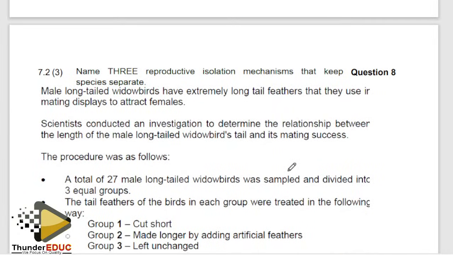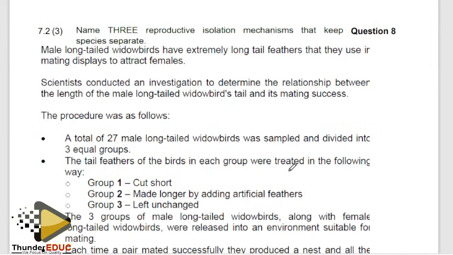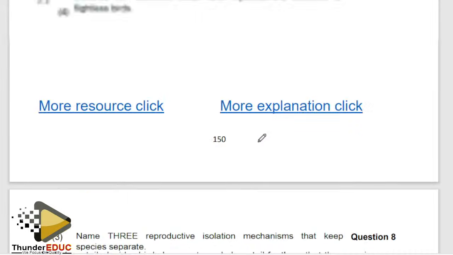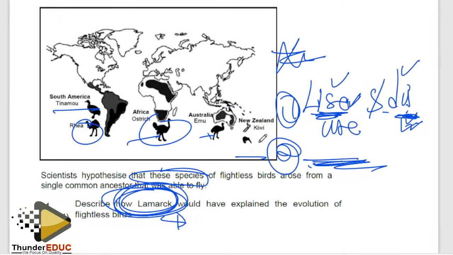Why is Lamarck's theory rejected? Organisms don't evolve because they want to evolve. But now you have to tell us. In this case, you tell us that the flightless birds did not evolve because they wanted to evolve. You are linking the question to what you know.